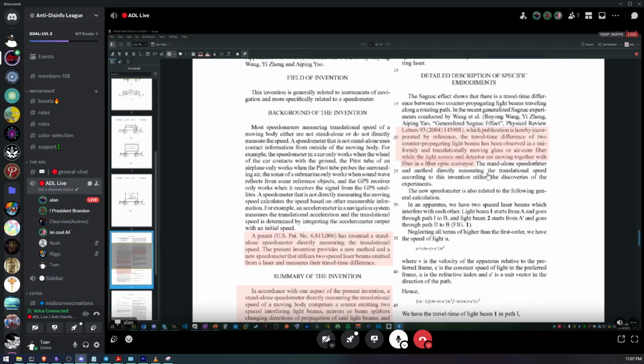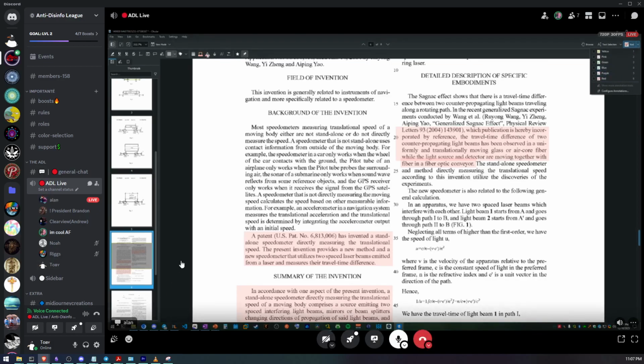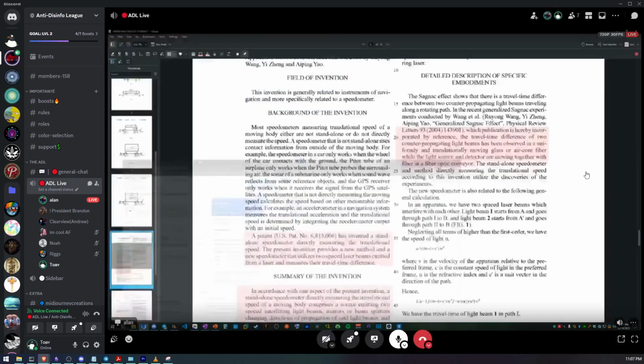The standalone speedometer and method directly measuring the translational speed according to the invention utilizes the discoveries of this experiment. Hey Toby, real quick, in that unremarkable experiment done by Ruyong Wang in 2004, what is he citing that he discovered?